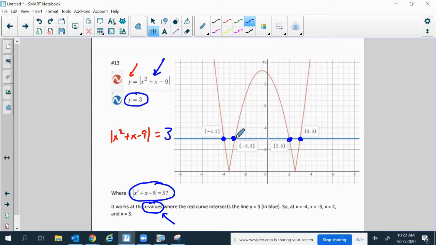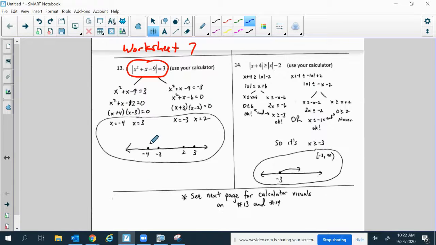So look, there are 4 times that just so happen to match perfectly with the 4 times that we solve algebraically that this thing works out. So that's kind of what's going on. The graph is just another way to represent this equation. Graphs and equations are always perfectly aligned. We don't have these things just to have them.